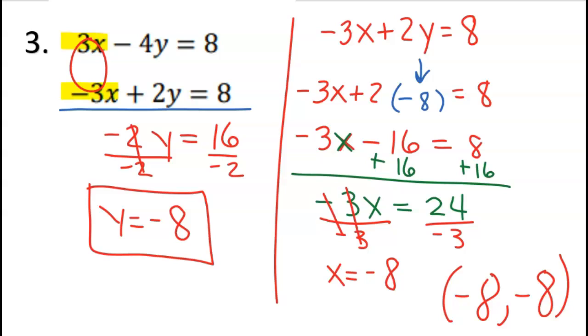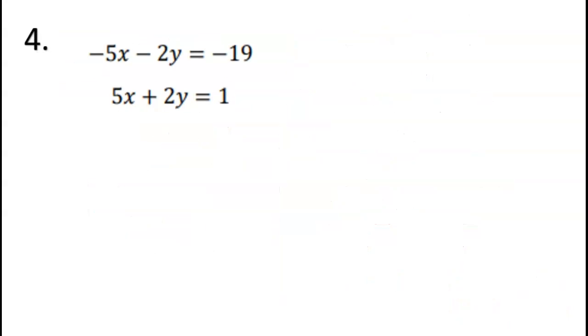I see people still copying this problem. To solve by elimination, we need standard form. Once we have everything lined up, then we add x's to x's. What do I get when I add those together? They cancel out.